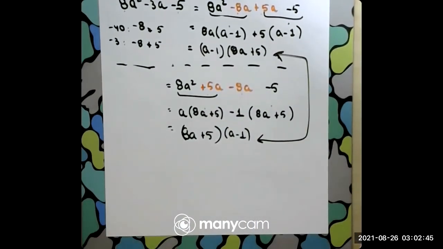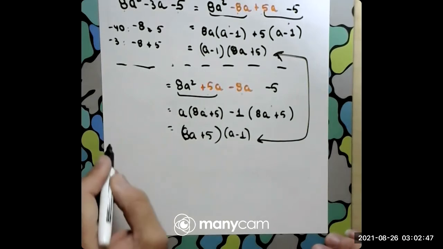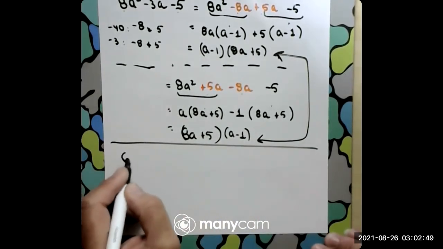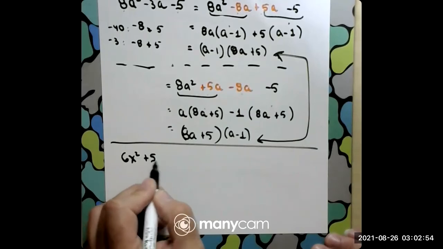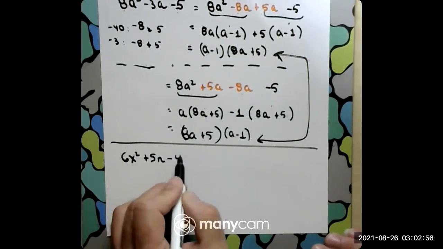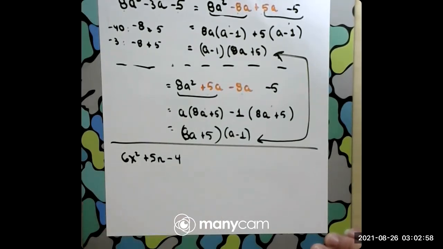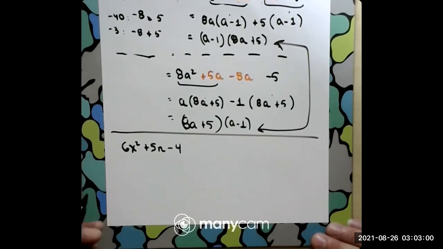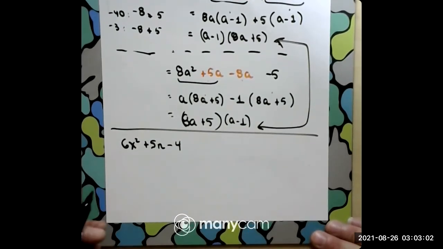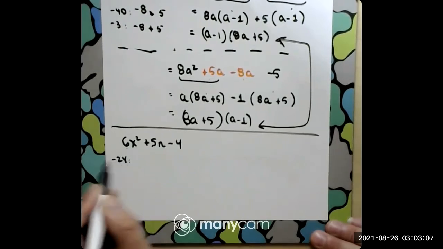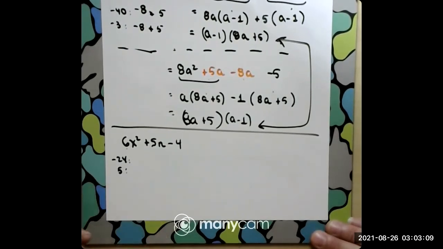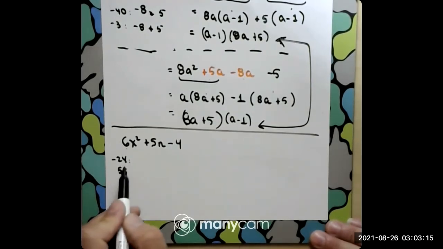Let's do one more. Okay, I have 6x squared plus 5x minus 4. Give it some time. 6 times negative 4 is minus 24. Middle number positive 5. Very similar to the previous one I erased.